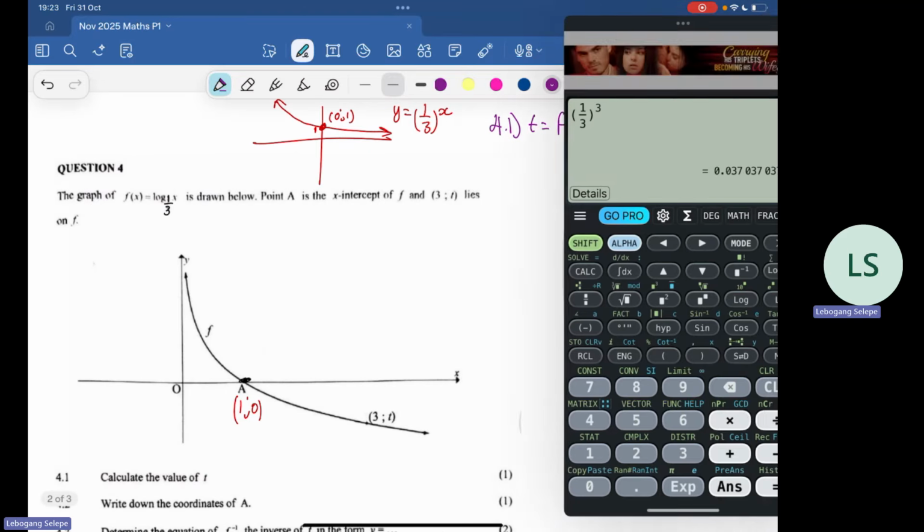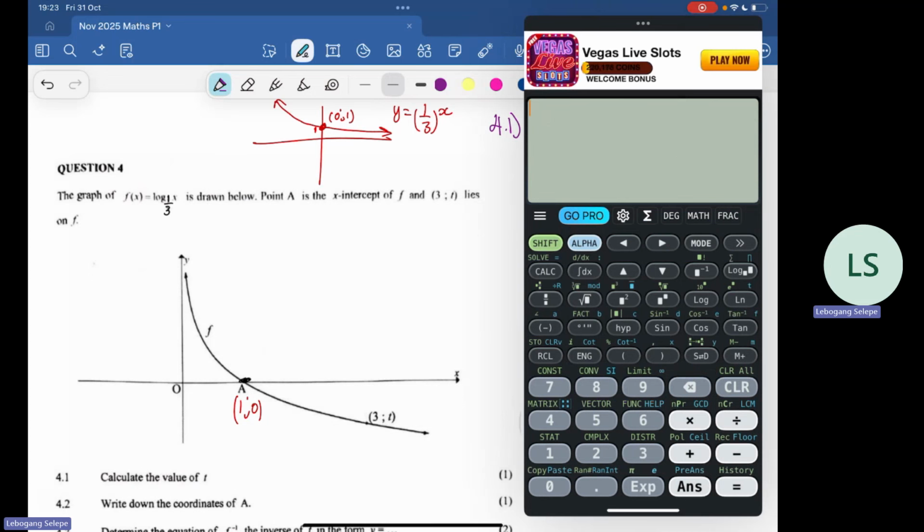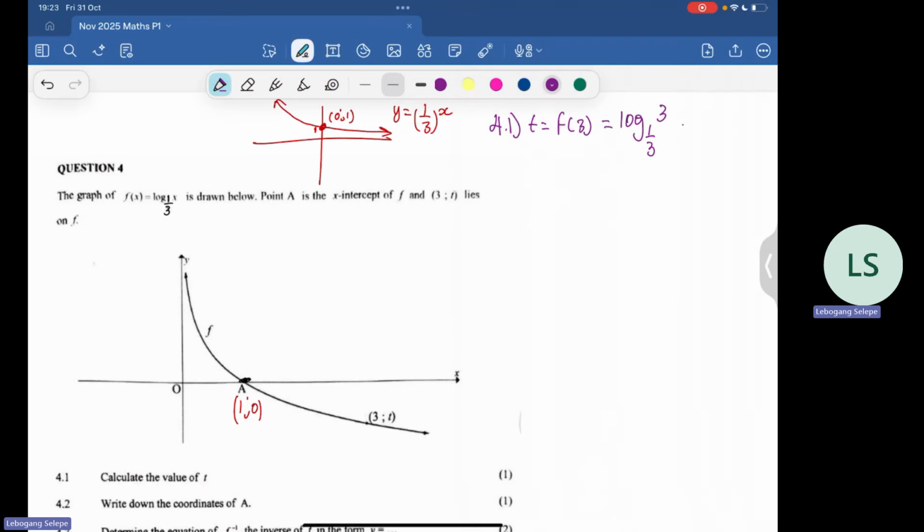Let's put that in our calculator and see how much we get. That's -1. So the coordinates here are 3 is to -1.